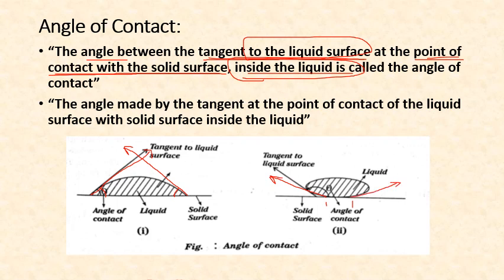The angle between this tangent and the solid surface should lie inside the liquid, so theta will be like this. Now when you consider both images, for the first image the angle of contact is less than 90 degrees, that is an acute angle, and for the second image the angle of contact is more than 90 degrees, that is an obtuse angle.